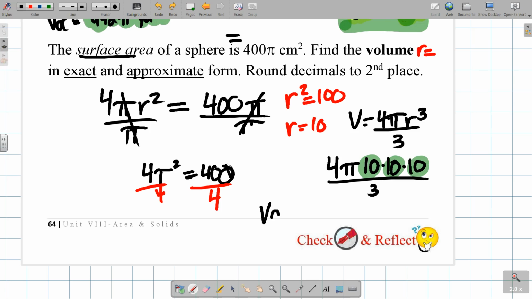So our volume here in pi form is 4,000 thirds pi, and it's going to be cm cubed.